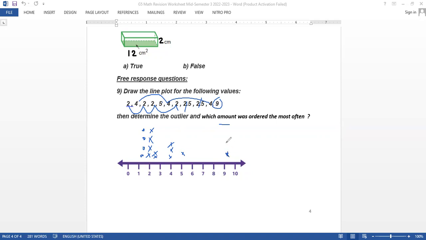So as you can see, the outlier, the value which is much larger or smaller than the other values, is 9. So 9 is the outlier because it's much larger than the other values.